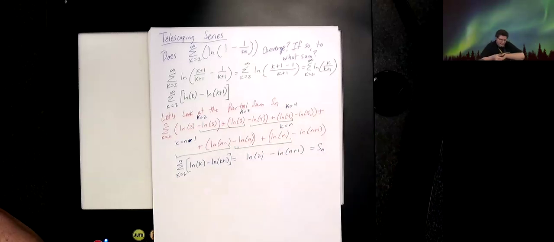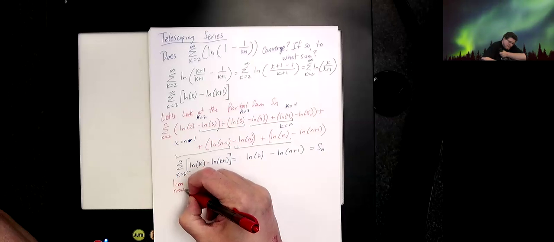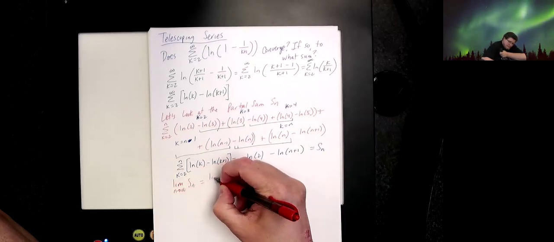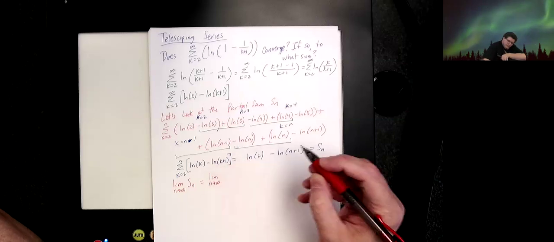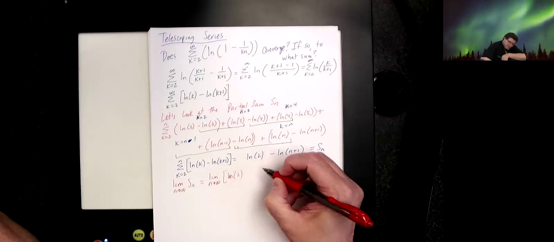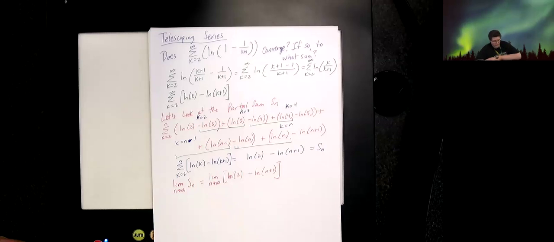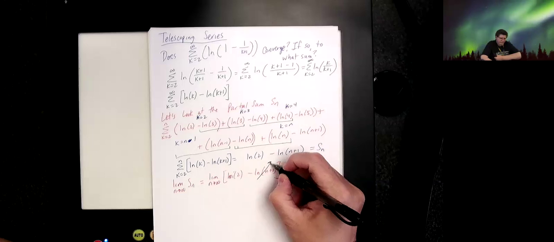So if we want to see if it converges, what do we have to do? We have to take the limit as n goes to infinity of this. This shoots to infinity.